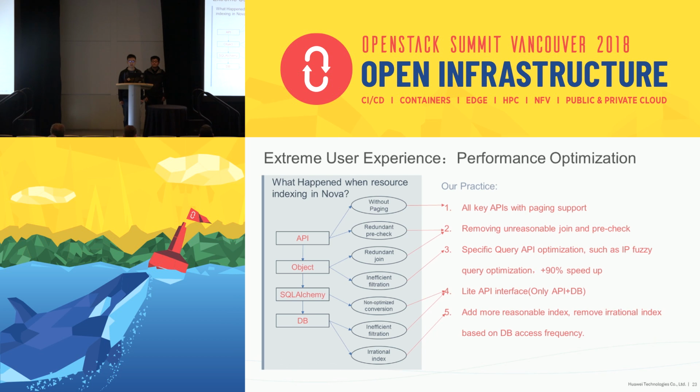That is mainly because the current SQL commit design has no performance in some cases. And we have added more reasonable indexes and removed additional indexes based on our real database access frequency.